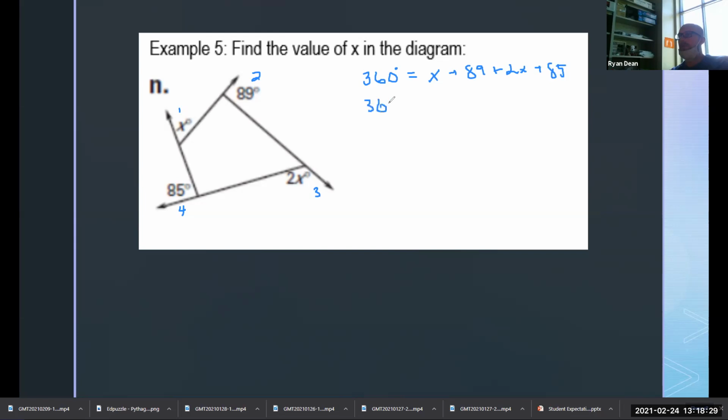Okay, and then from here, it's just solving an equation. I combine all the x's together. 1x plus 2x is 3x. I combine my numbers together. 89 plus 85 is 174. Then I solve for x. Take away 174 from both sides. This cancels out.